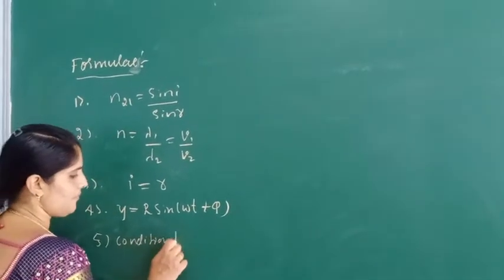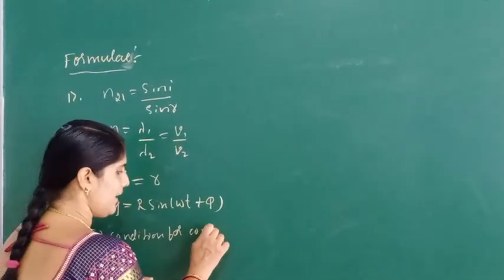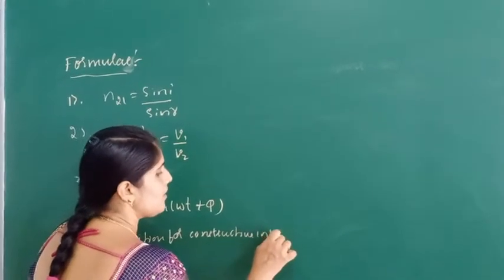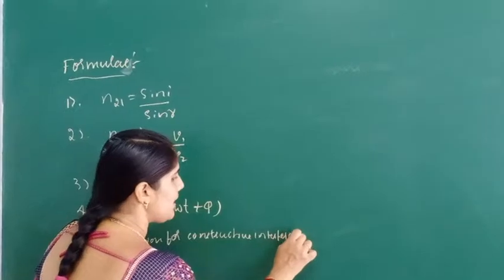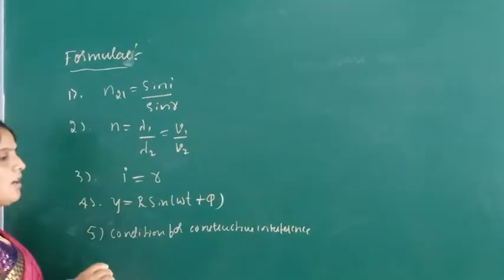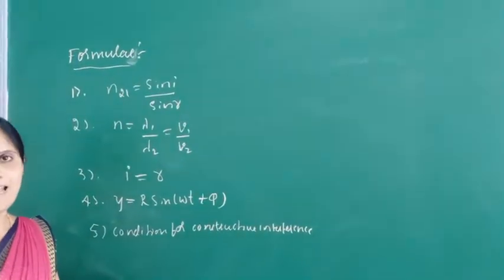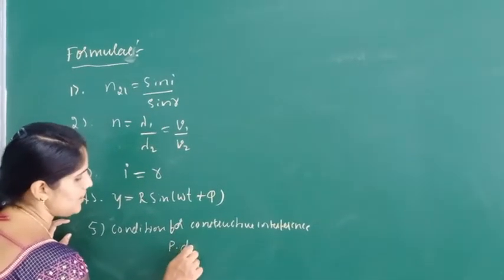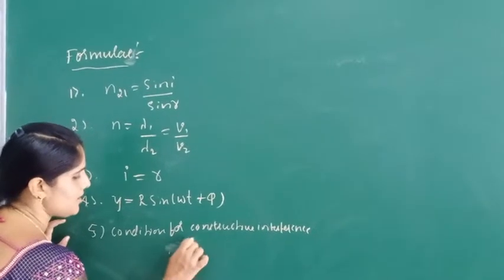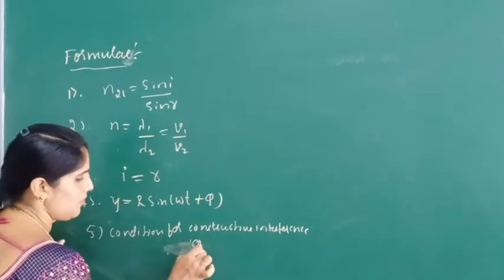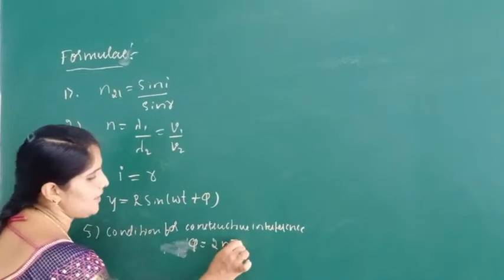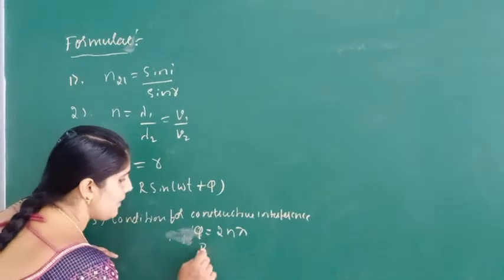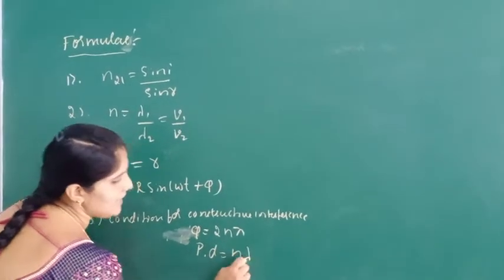Next, the condition for constructive interference. There are two conditions: one is phase difference, another is path difference. The phase difference phi is equal to 2n pi, and the path difference for constructive interference is n lambda.